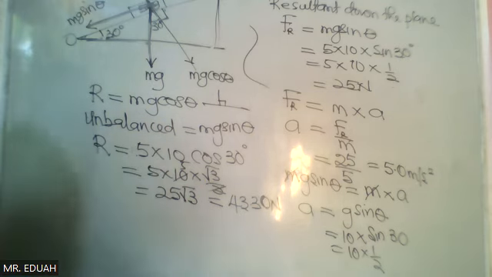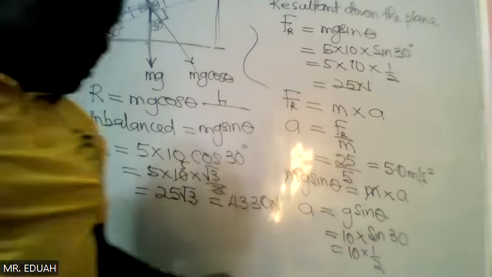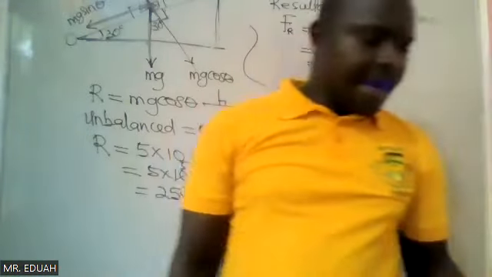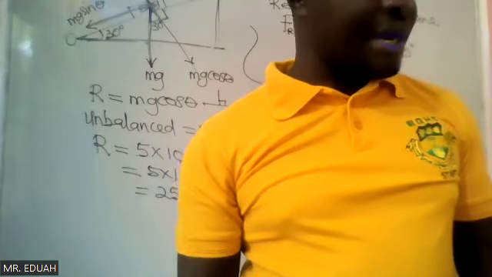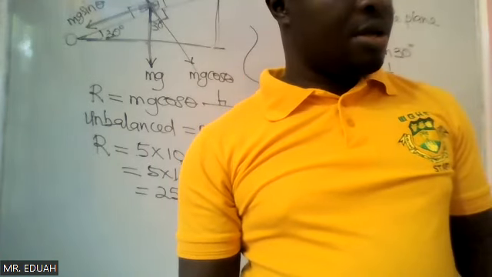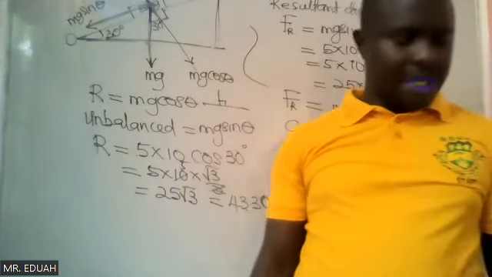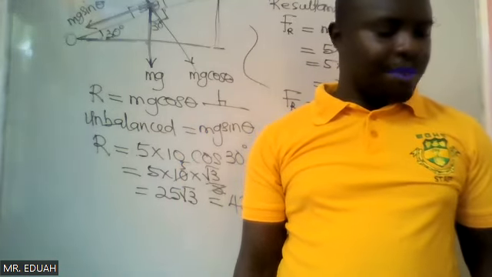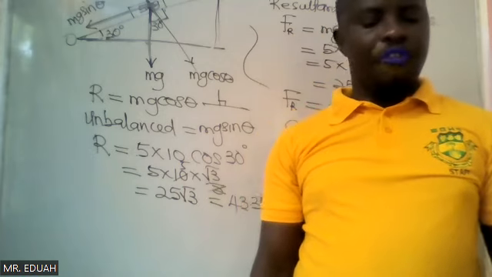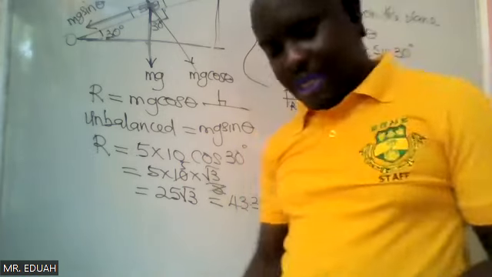A body of mass m kilogram is placed on a smooth inclined plane of an angle of 42 degrees to the horizontal. The normal reaction perpendicular to the plane is 14.9 Newton.